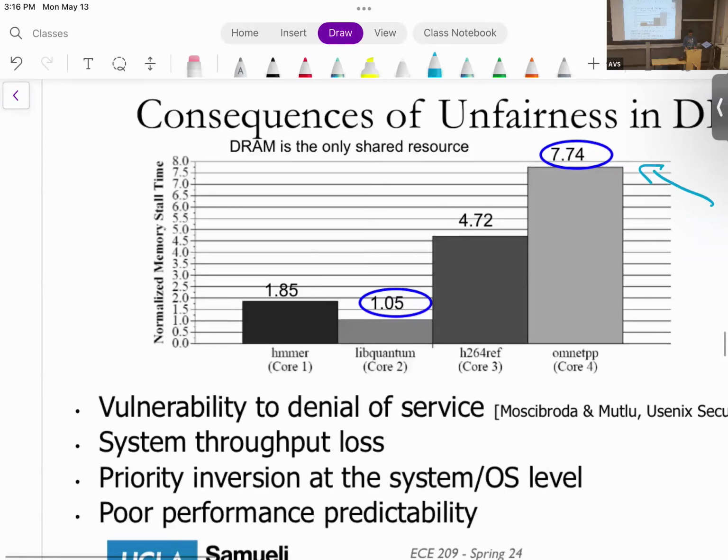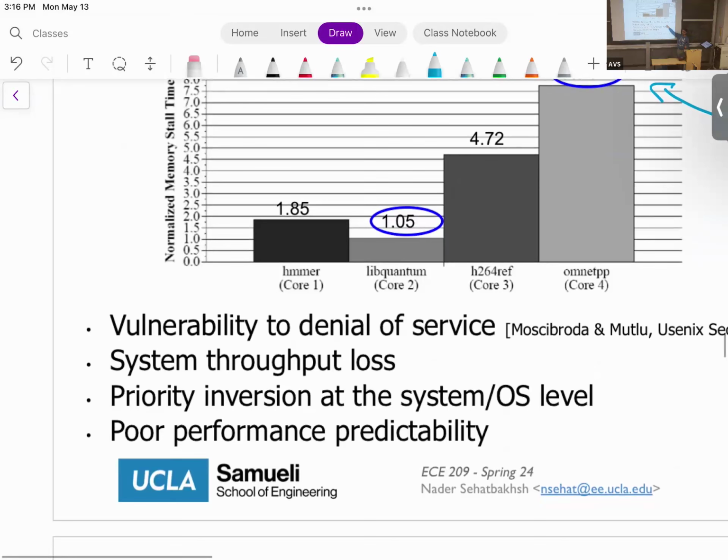In fact, this itself could be an attack. It could be what we call a denial of service attack, where one particular process creates an access pattern that has lots of row buffer hits. As a result, every other process starves to death, right? So most modern systems are careful about the way they handle this. Okay.